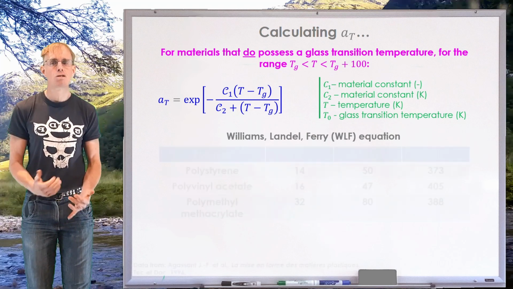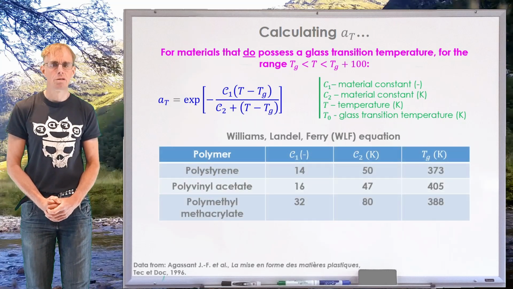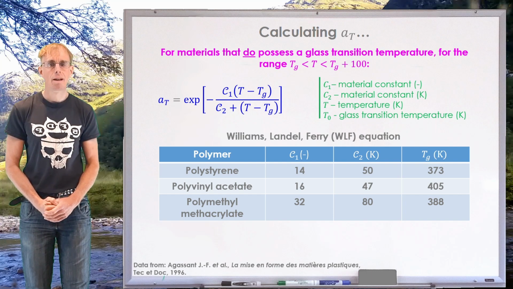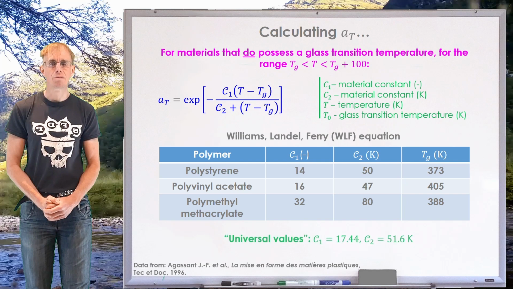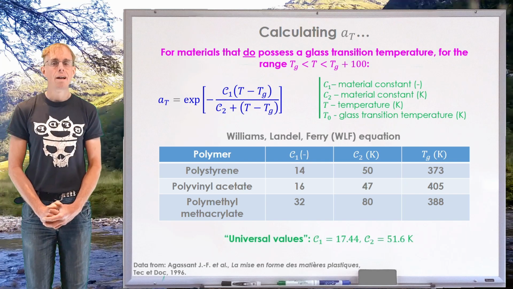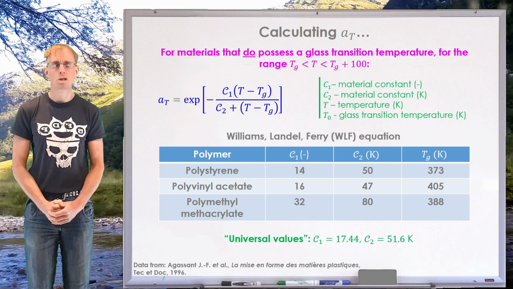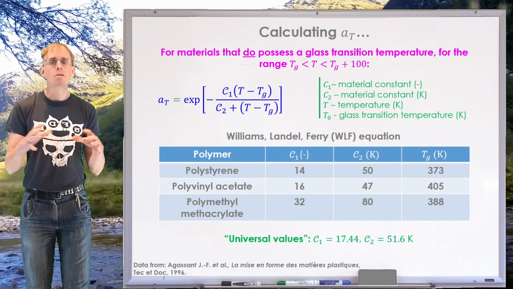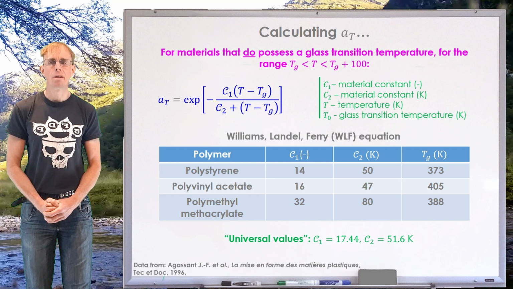And again, in the literature, you can find WLF constants for all sorts of glassy polymers, for example, polyvinyl acetate or polymethyl methacrylate. If you've got a glassy polymer that you can't find shift factor data for, there's some universal values that I've put on the board there that you can use alongside an experimentally measured glass transition temperature with, for example, DSC.